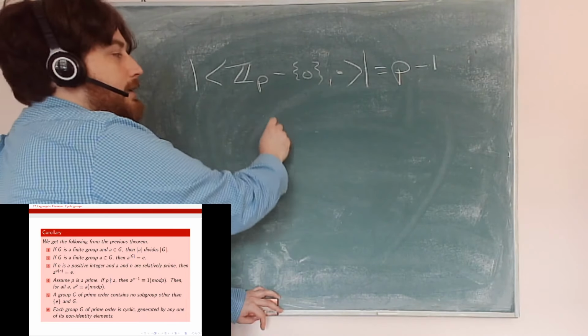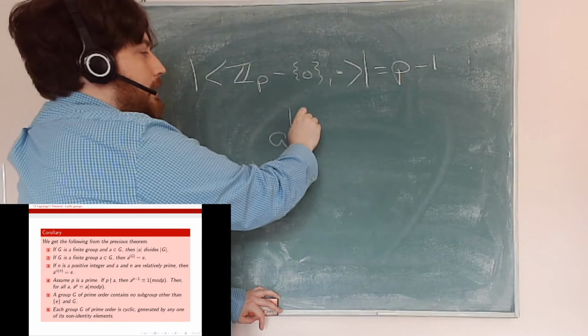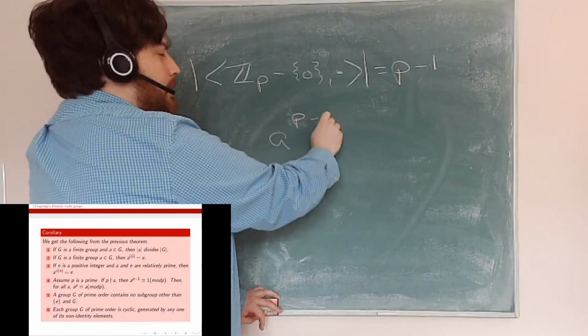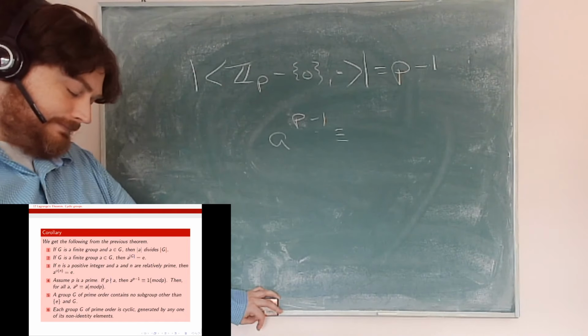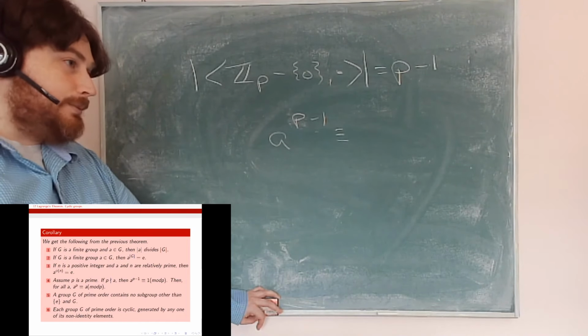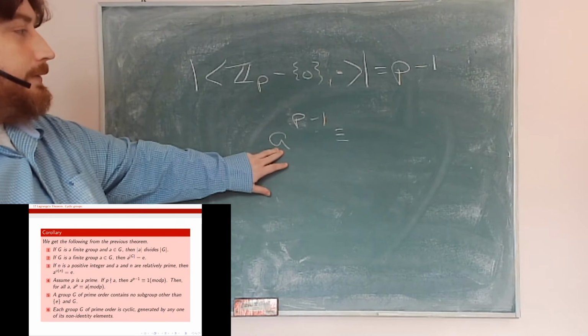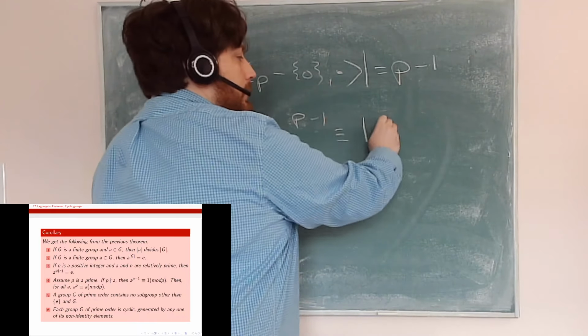So if I take anything in here, say A, what do I know about A to the cardinality of the group G, which would be in this case A to the P minus 1? Well, in step 2, we proved that if I take any element of a group and raise it to the power of the order of the group, I get the identity of the group.